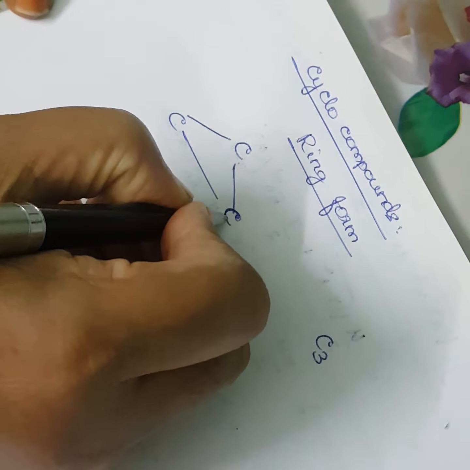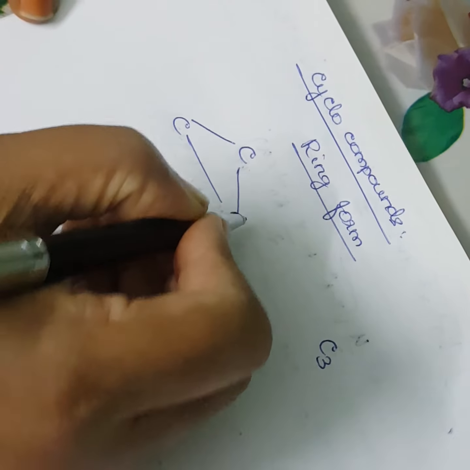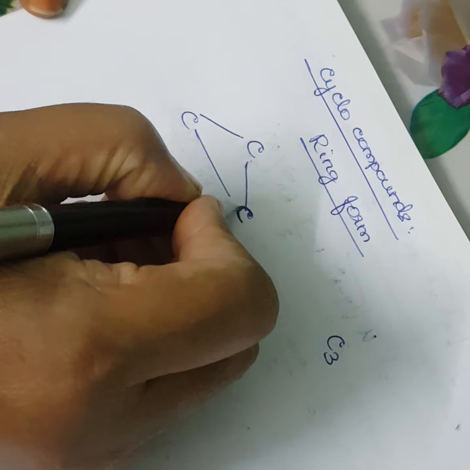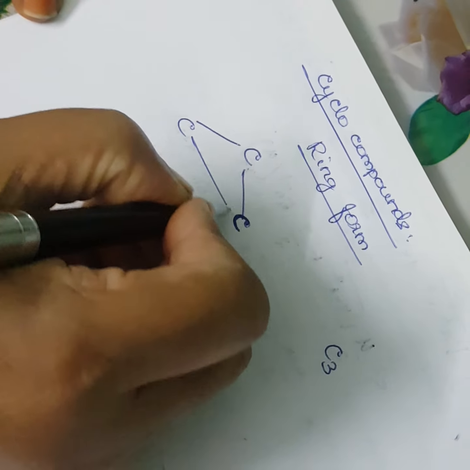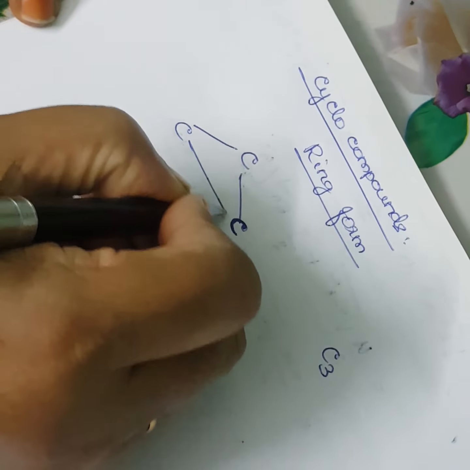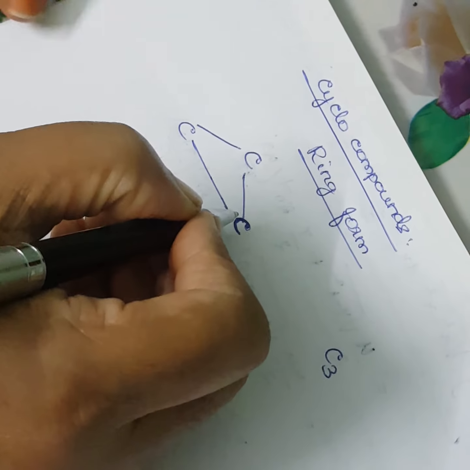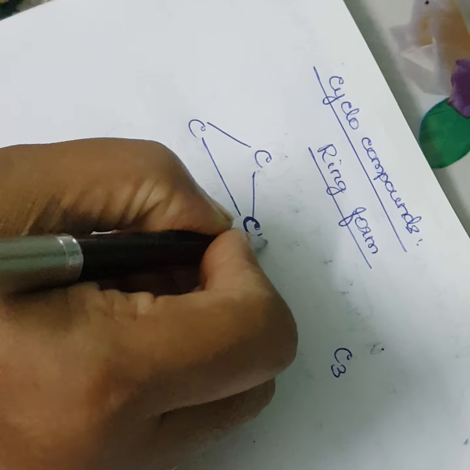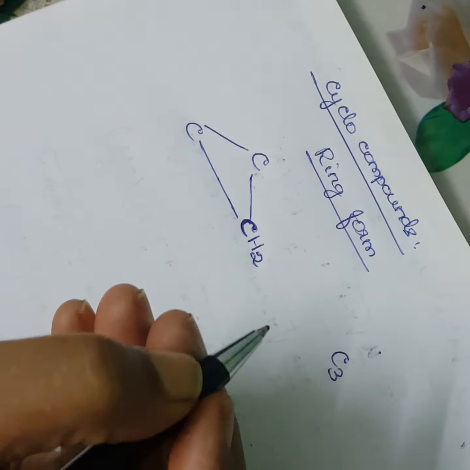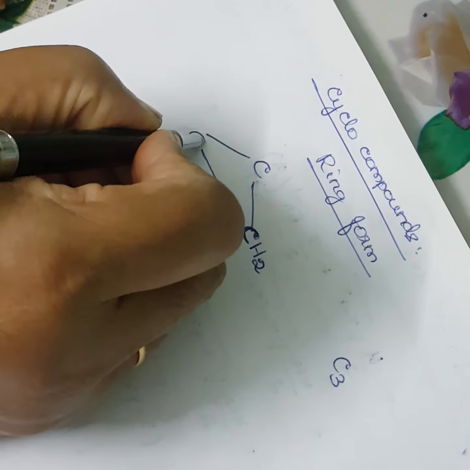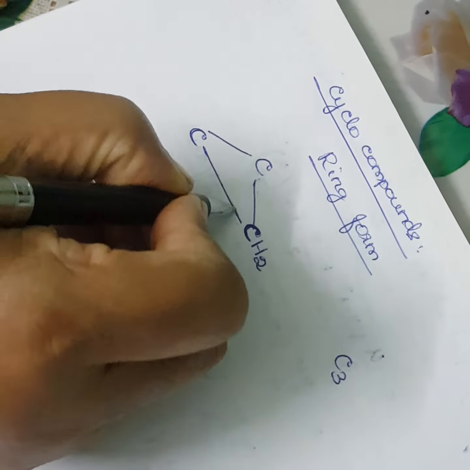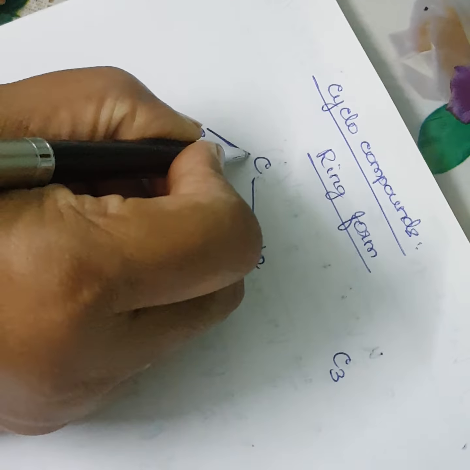Now, always we have to bear in mind the valency of carbon is 4, which means it should be bonded with 4 more atoms. Already this carbon is bonded with 2 carbon atoms. So the rest of the valency will be satisfied with hydrogen. So it becomes CH2. Now this carbon is bonded with 2 bonds.